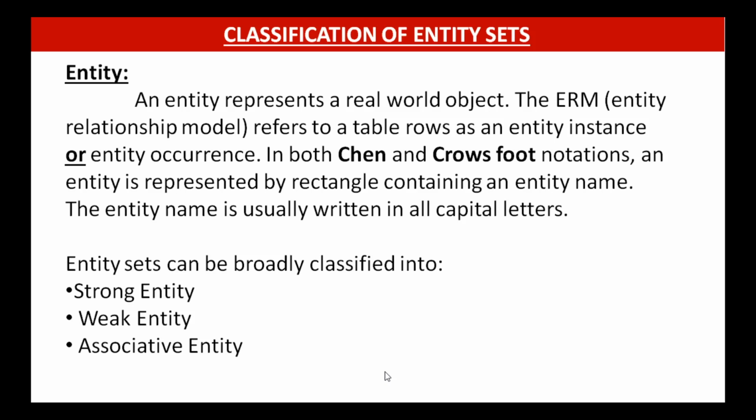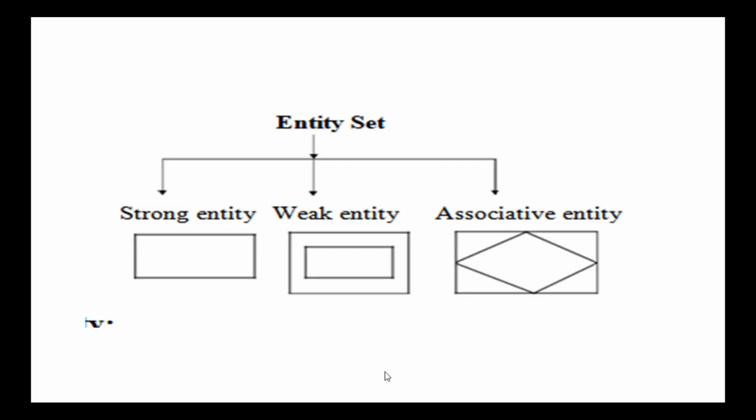Based on unique identification and some functionality, entity sets can be broadly classified into three types. One is strong entity, the next one is weak entity, and the next one is associative entity. Let's see this diagram. There are three entities, and to represent each entity we use a special symbol.